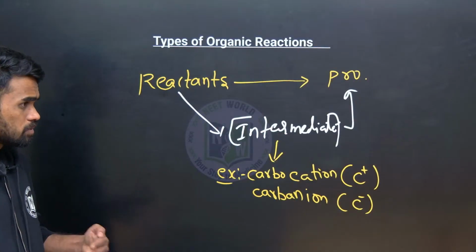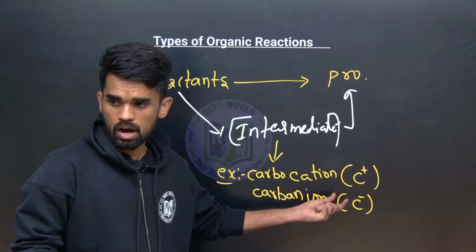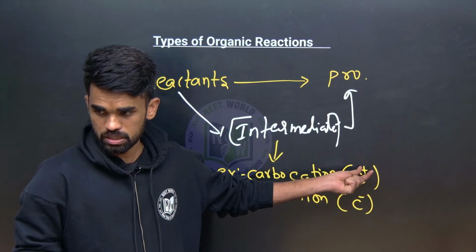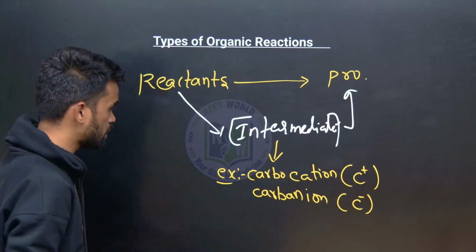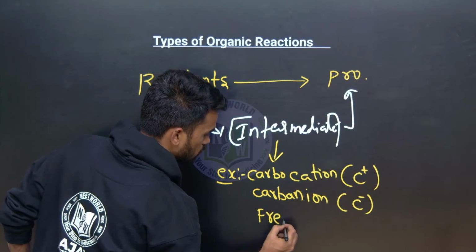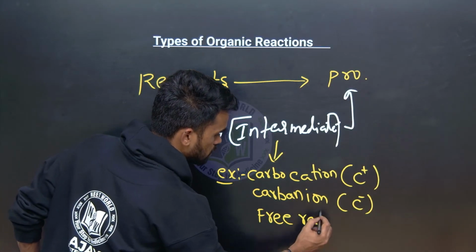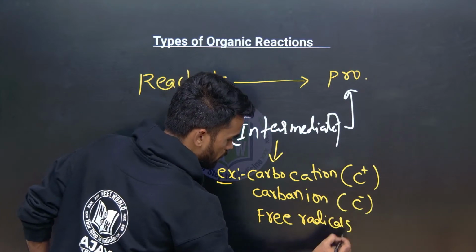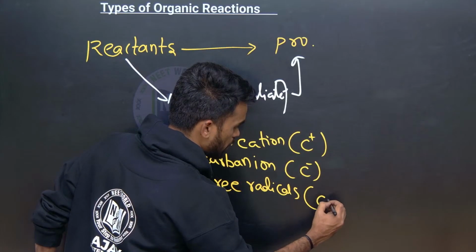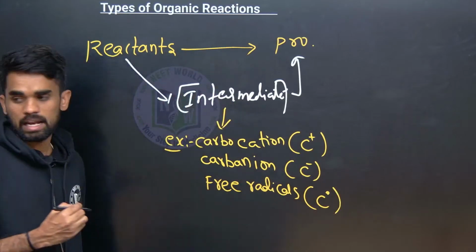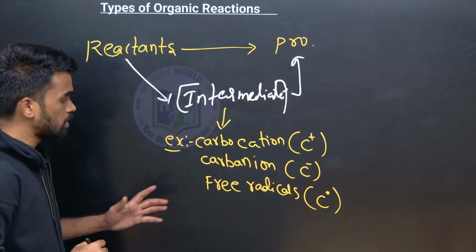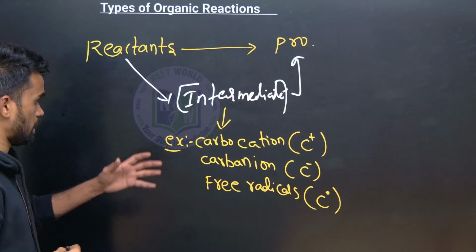It means in organic compounds, on the carbon there will be a positive or negative charge, or it can also be free radicals. I will explain what exactly free radicals are. On the carbon atom there will be one odd electron. These are the important intermediates we have.